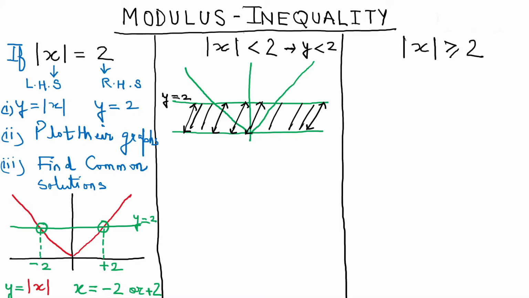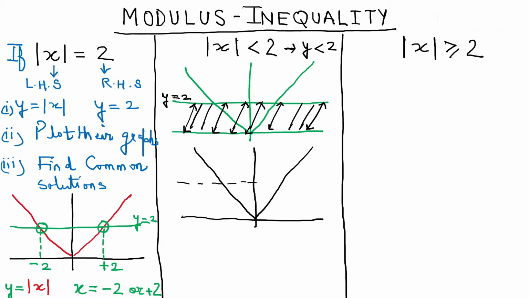So plotting this on another graph, we know this is the graph of modulus x, and this is the line y is equal to 2, which is the dotted line that I am drawing now, and we are talking about all the values below this.